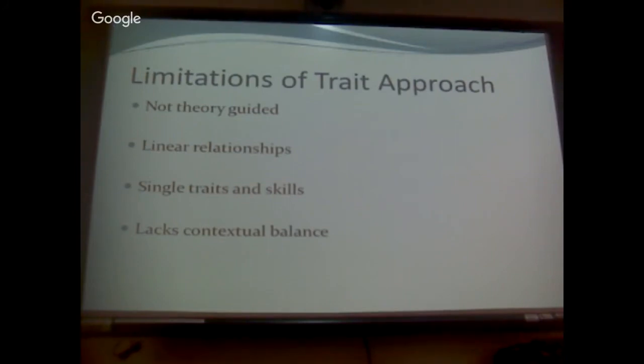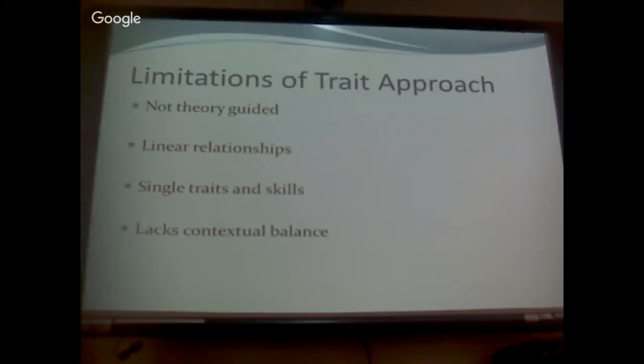In other words, talking about how the need to achieve influences leader outcomes, or how cognitive complexity relates to leader outcomes. If you see what's happening here, and think about this in terms of science, part of what's happening is science tries to simplify things. Well, we might be dealing with stuff where you cannot simplify to a certain degree.